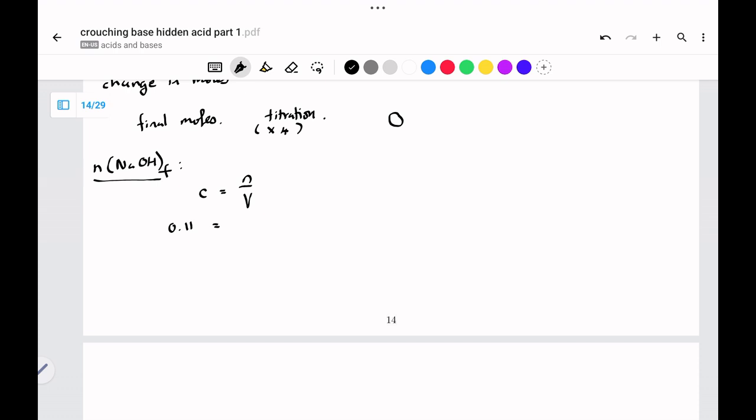By the way, this is not for sodium hydroxide, this is for HCl. We will get to the sodium hydroxide after the mole ratio step.